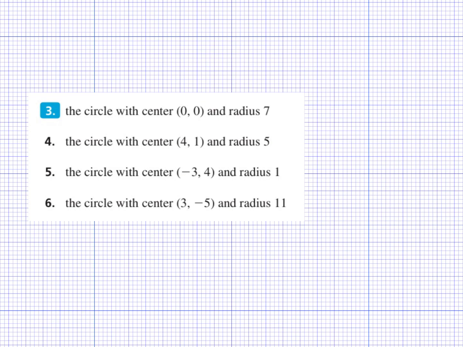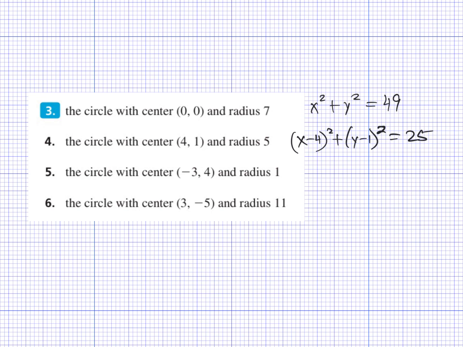Moving on. The circle's at 0, 0. So again, we know that's x squared and y squared. And the radius is 7, so we square that. That's 49. Number 4, (x minus 4) squared plus (y minus 1) squared. Notice they're the opposite signs. Don't forget your square, your 2. And the radius is 5, so we square that. That's 25.